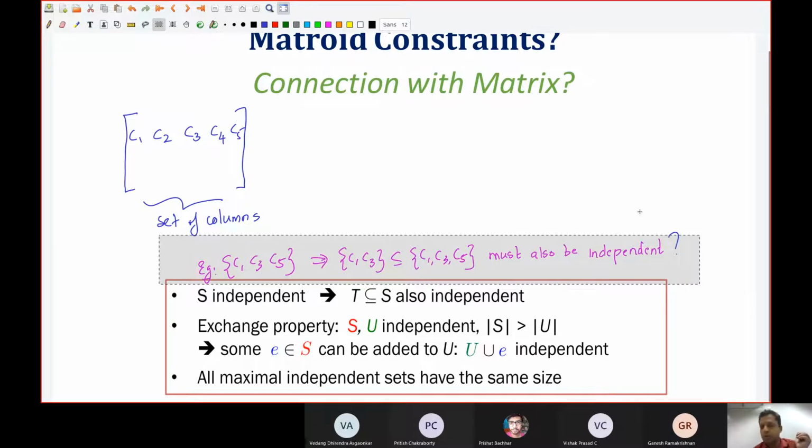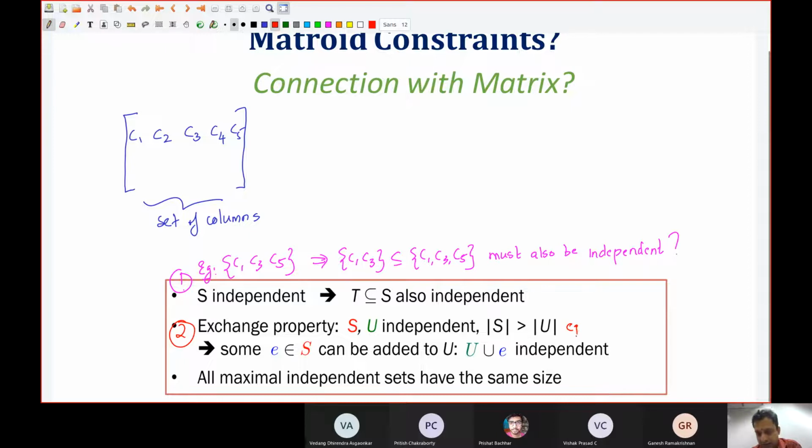Let's look at property 2. Now look at the second property, which is the exchange property. If S and U are independent, one independent set of columns and another independent set of columns, let me take an example.